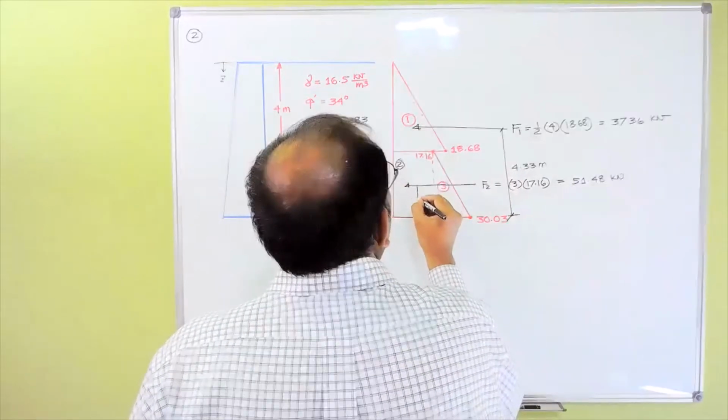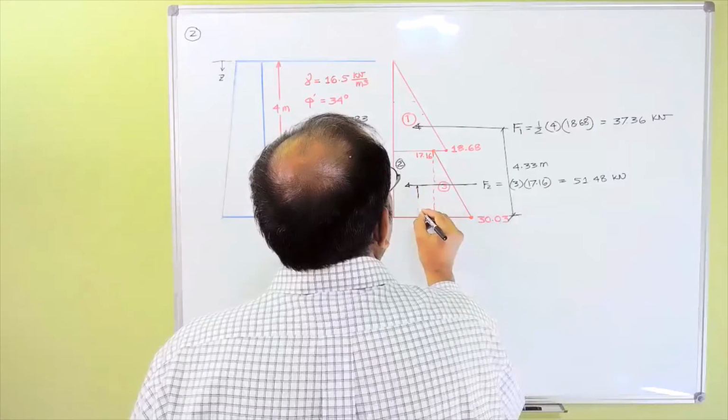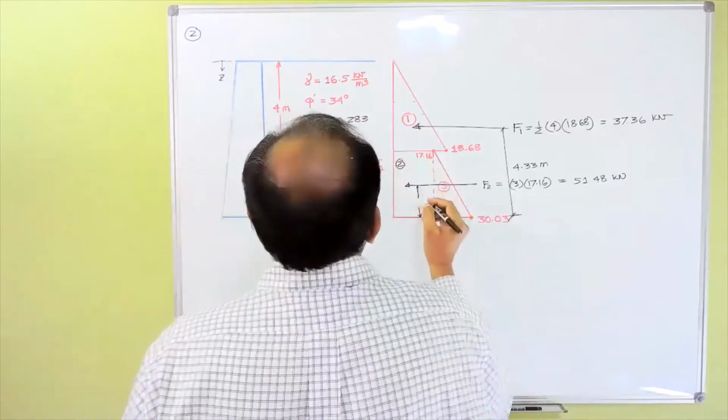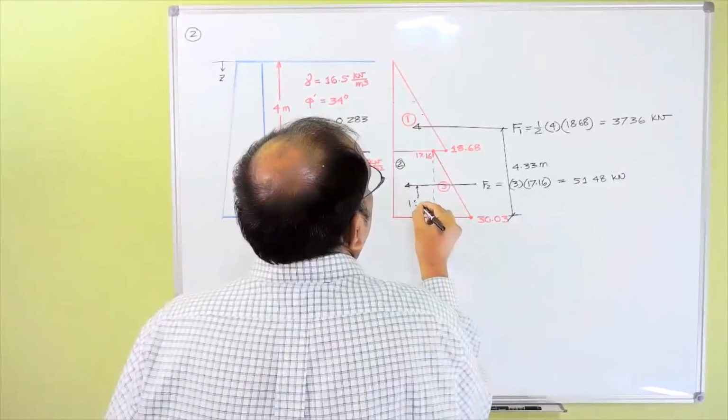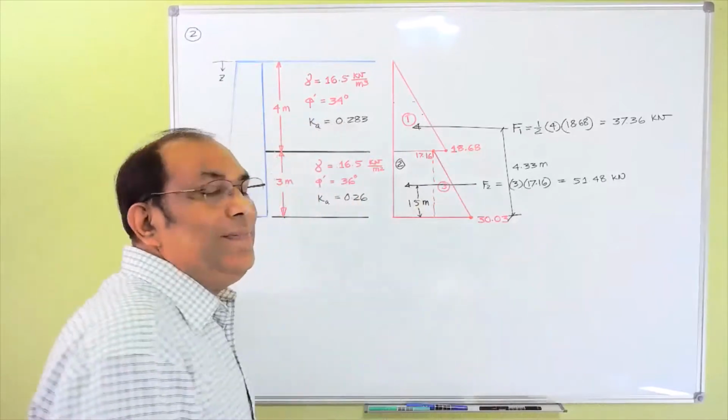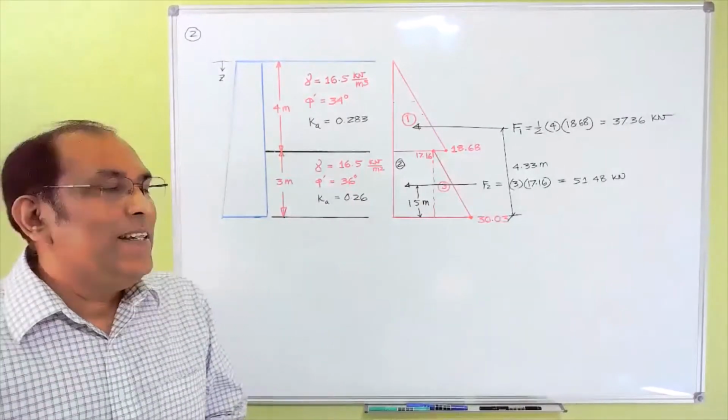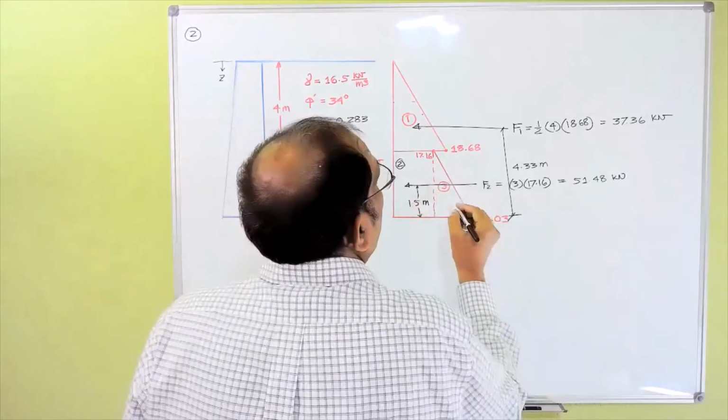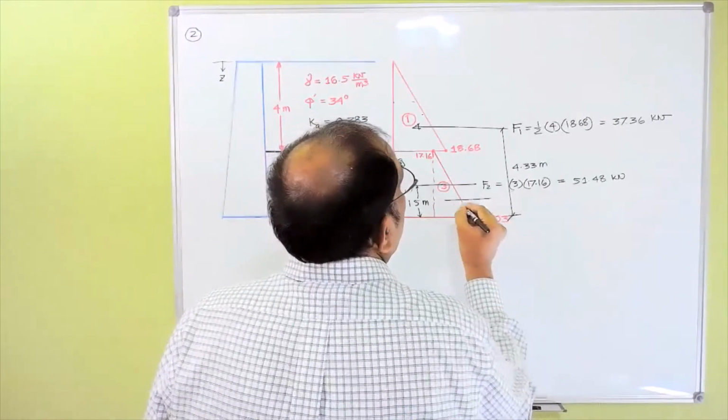And the distance from here to here is half of that, which is 1.5 meter. Okay. Now for area 3, this is, let's say, F3.